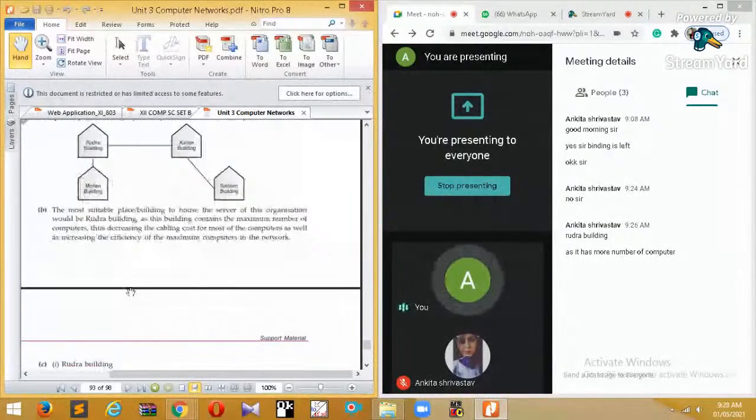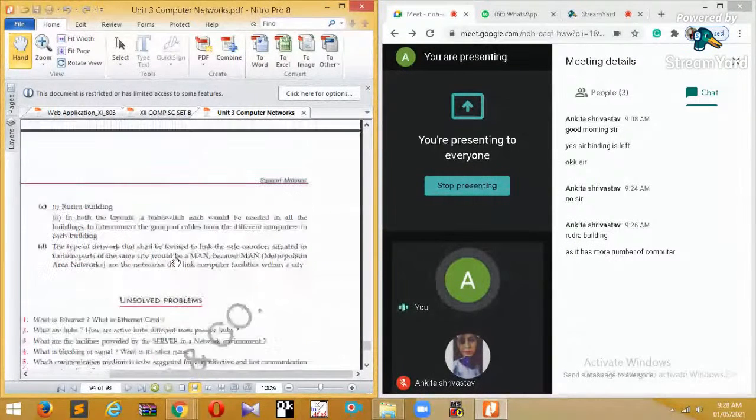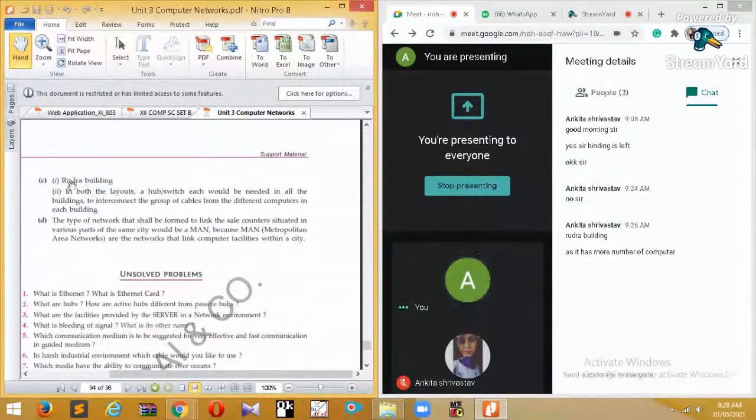For this question, what will be your answer? Here the answer is the Rudra building. Second, for the hub or switch we have to place one in each building, because we know that hub and switch are used to connect more computers. I'm just telling one point: in any situation, if it is given that in a particular building or area single computers are there, then we don't need a hub, because a hub is used to connect more than two computers.